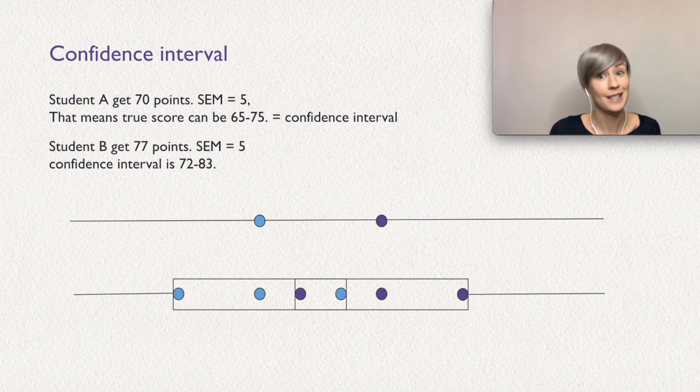Because if you need 73 points to pass the class, you might actually pass a student that should fail, or the other way around. And this is why giving a grade based on only one test becomes problematic.